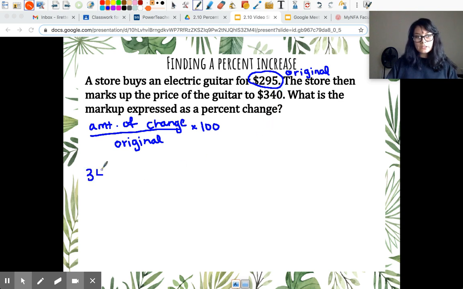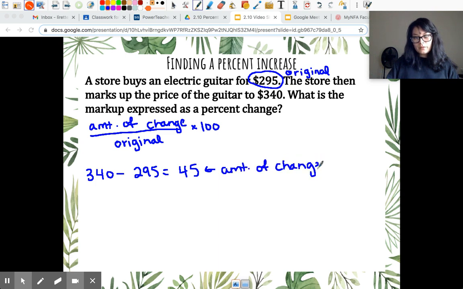So be careful here. 340 minus 295 will give me a positive amount of change, which is 45. So here's my amount of change. Then I'm going to take this 45 and divide it by the original. The original was 295, and then I'm going to multiply that result by 100.